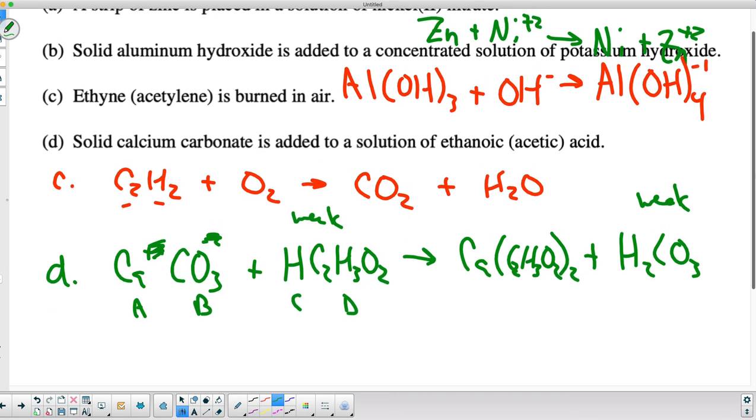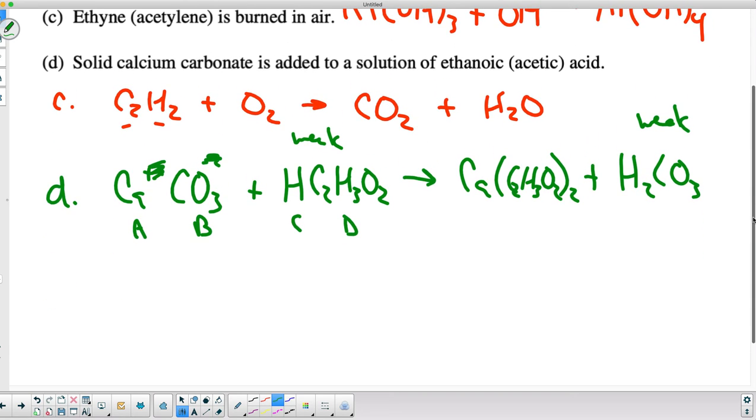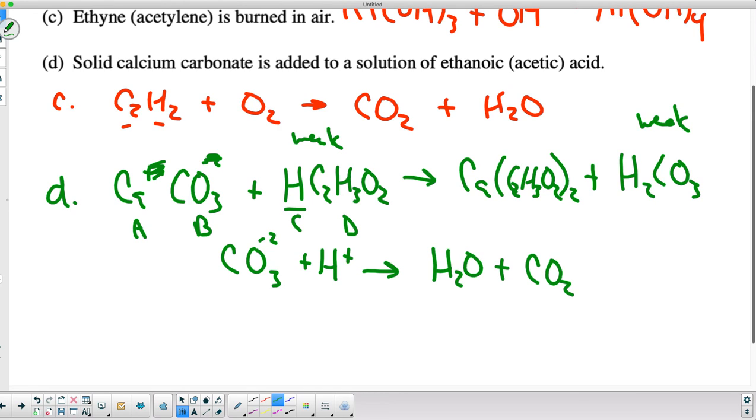Let me just scroll down here so we can see this, because I'm going to start off with CO3 with a -2 here like this, and a lot of times if there's an H involved, maybe I should do this, plus H plus like this, and we can end up with H2O plus CO2 for carbonic acid or carbonate in the presence of an acid.